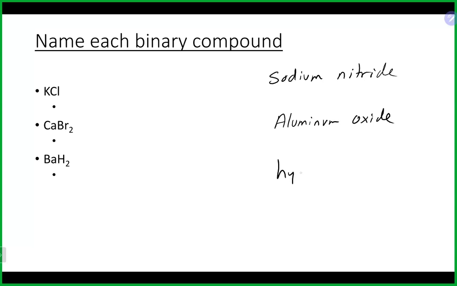And let's do hydrogen bromide. All right, so we want some names here on the left, and we want some proper formulas there on the right. So take a few minutes there, see what you get. Look at the big periodic table there on the wall, or if you got one near you, it might be easier too.